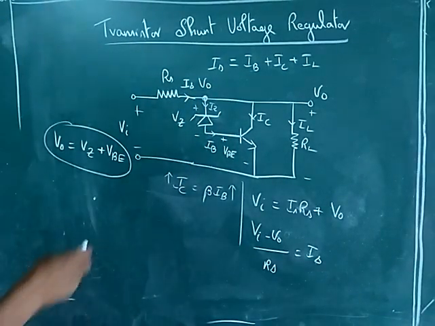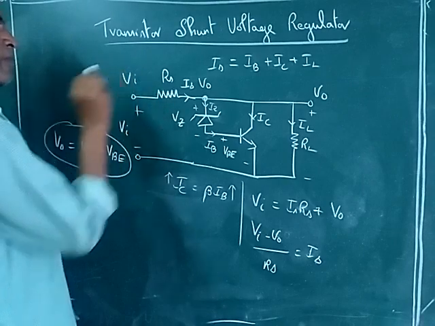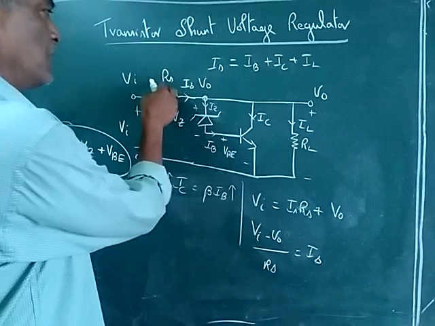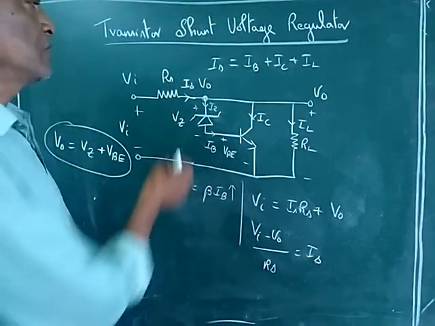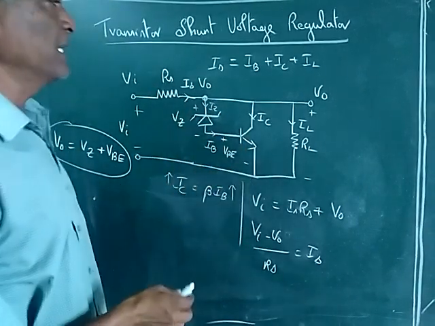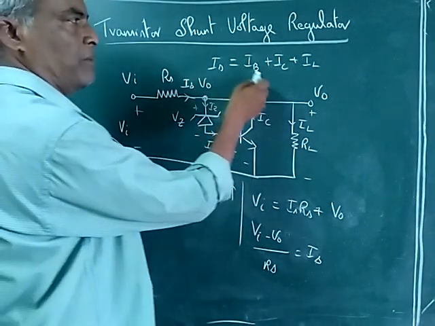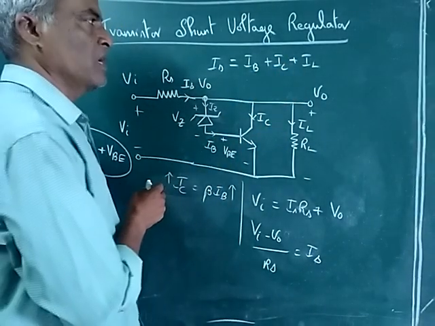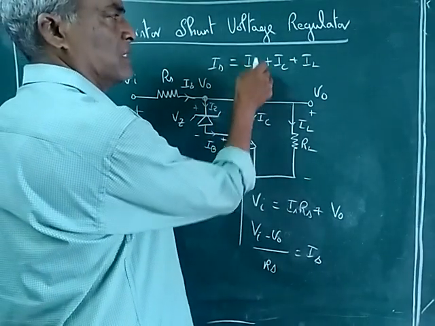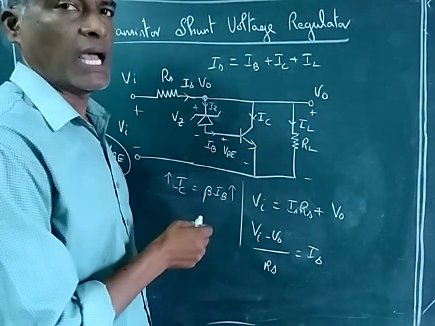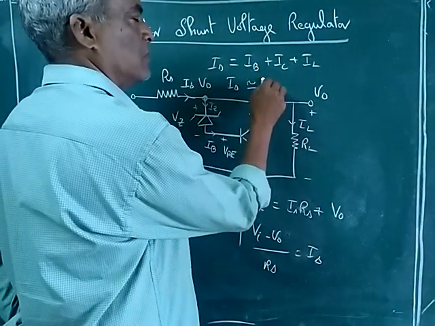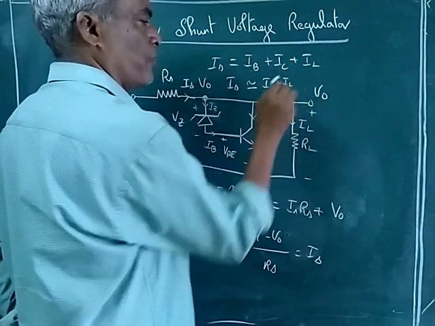If you know the value of IS, we can find the value of RS, so the requirement is only IS. How to find IS? It is given by IB plus IC plus IL. Approximately IS is equal to IC plus IL, because IB is negligible compared to IC and IL.